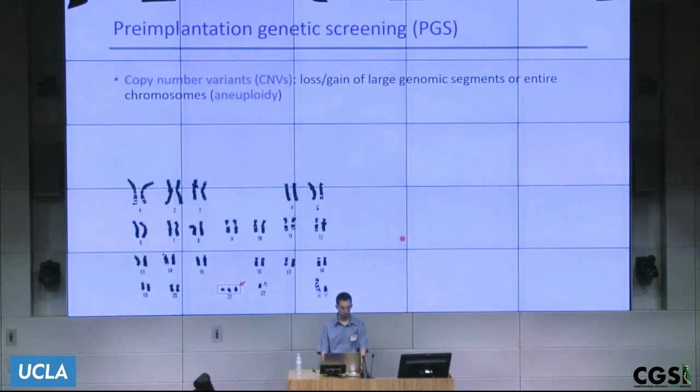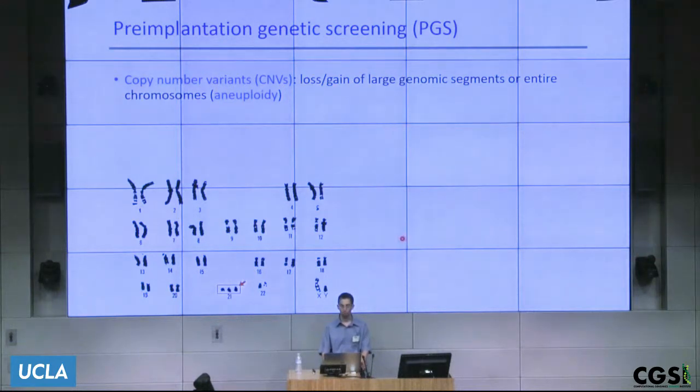So this is PGD. There is another type of genetic problem for which people also test their embryos, and this is called copy number variants. So copy number variants, or CNVs, are loss or duplication of large genomic segments.